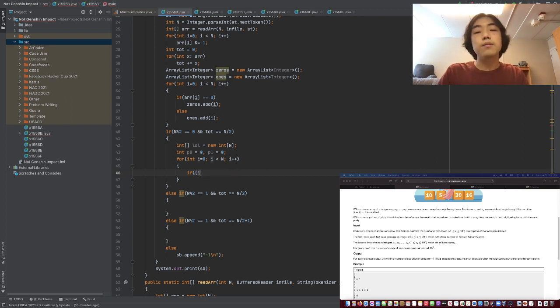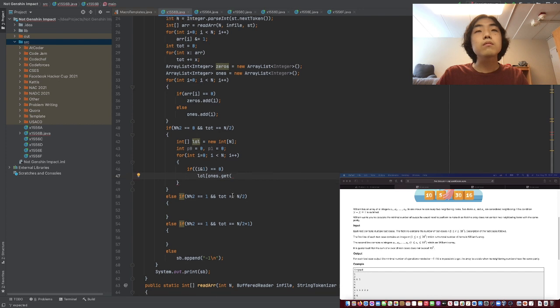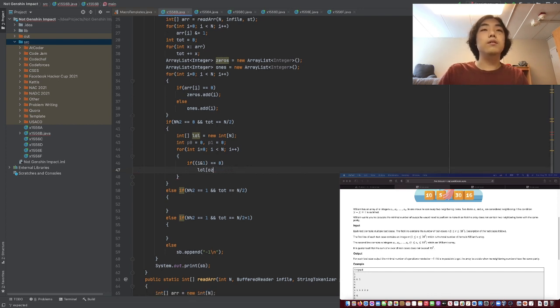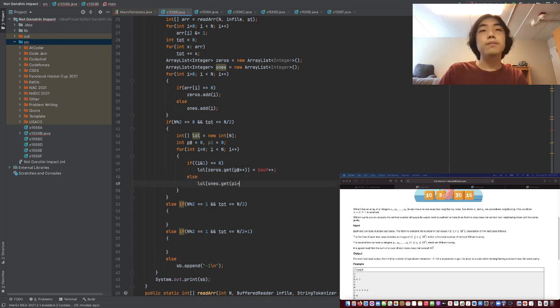Okay, so if i mod 2 is equal to 0, then array at i is just going to be equal to, oh, okay, no, it's at that location, so it's like ones dot get. Wait, no, if it's equal to 0, zeros dot get. Yeah, zeros dot get at p0. This is a location, and this is just equal to, else, we do the same thing except it's ones dot get.